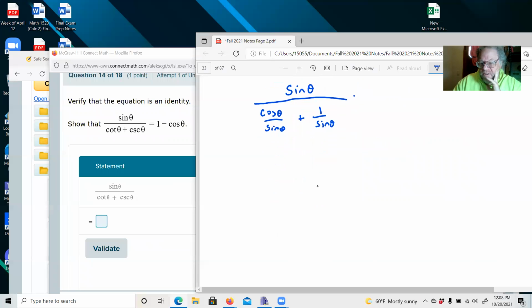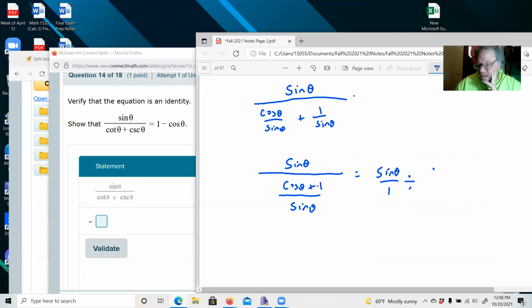And now since we have our fraction, we can say this is sine theta over cosine theta plus 1, all over sine theta. So we have sine theta over 1 divided by cosine theta plus 1 over sine theta.